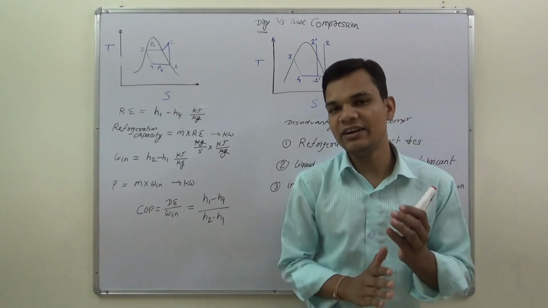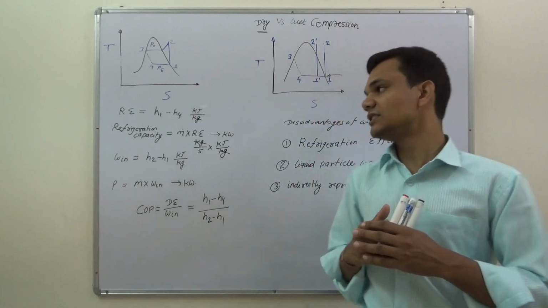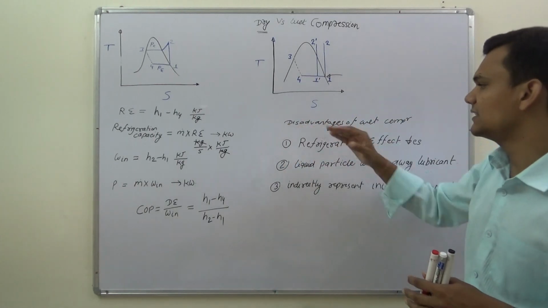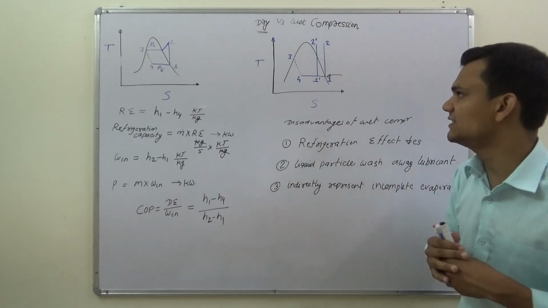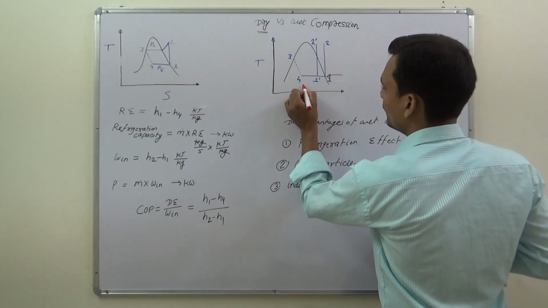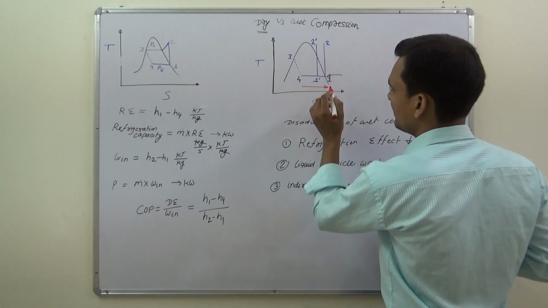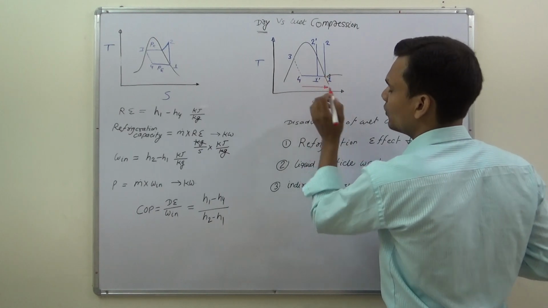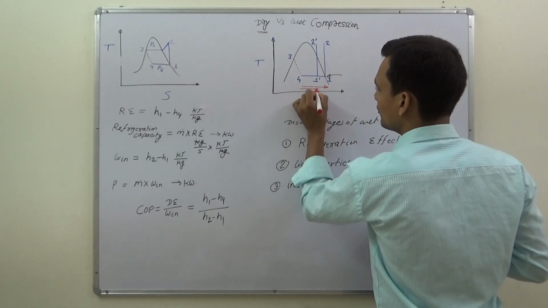So in wet compression, the entry is from the wet region, which is a mixture of liquid and vapor particles, and due to this the refrigeration effect gets decreased. Some other disadvantages of wet compression I write here. The first one is that the refrigeration effect decreases. As you can see, in dry compression we are getting the refrigeration effect of this amount from 4 to 1, but in wet compression we are getting only this amount.